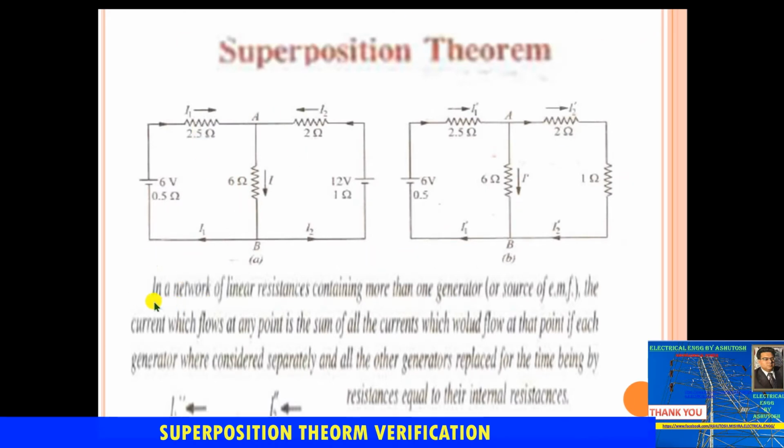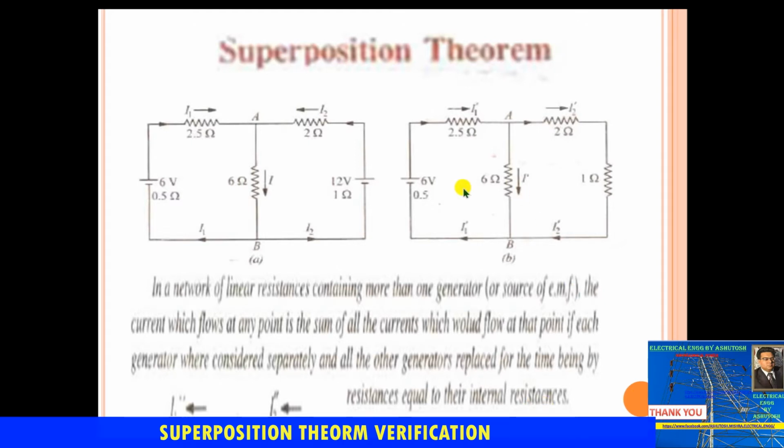In a network of linear resistances containing more than one generator or source of EMF, the current which flows at any point is the sum of all the currents which would flow at that point if each generator or source of EMF were considered separately and all the other sources of EMF or generators replaced for the time being by resistances equal to their internal resistances.